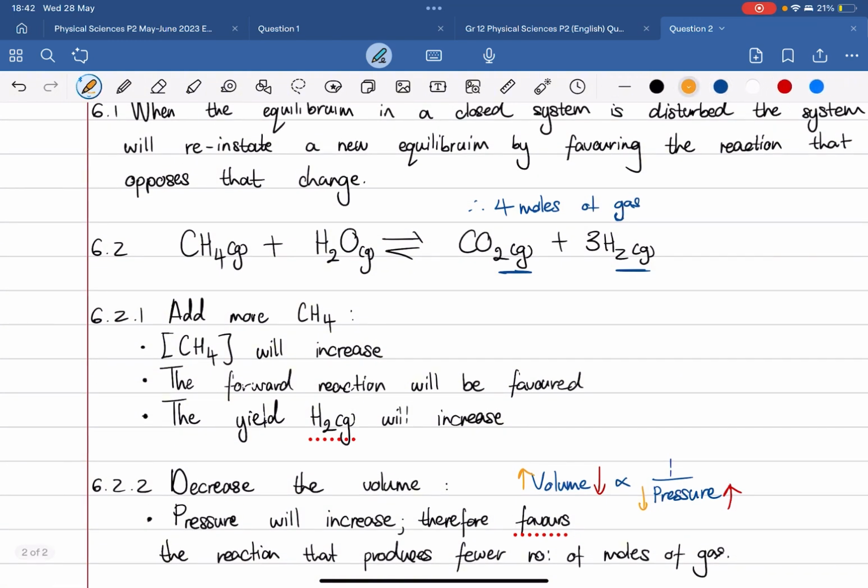The reverse reaction is in the opposite direction. So in that direction, you've got 1 mole of hydrogen gas and 1 mole of methane gas. So therefore in total, you've got 2 moles of gas that is produced by the reverse reaction.